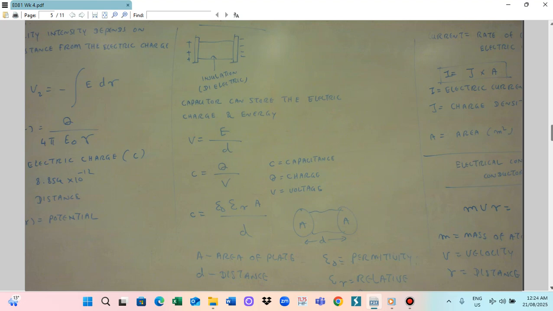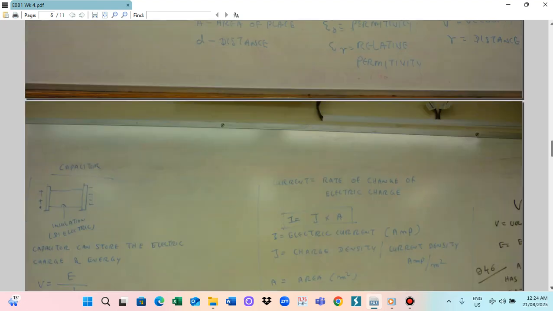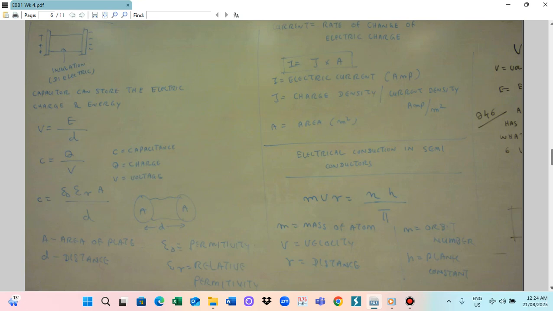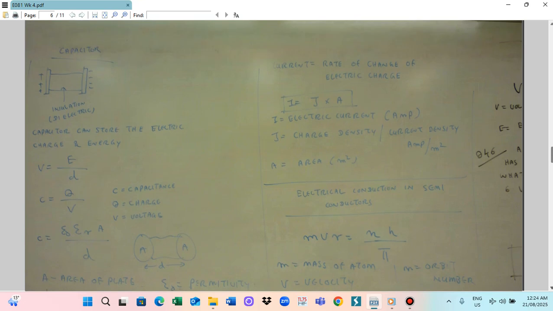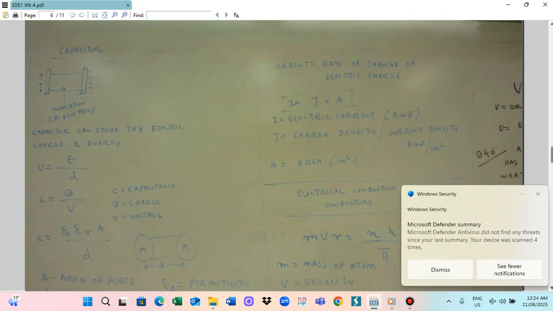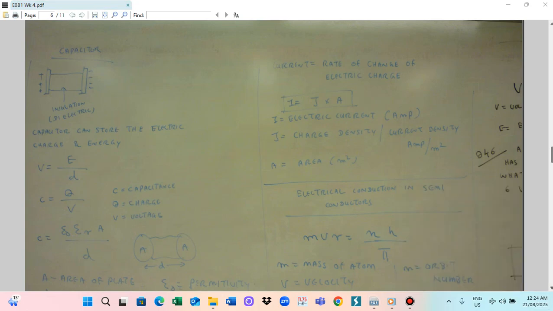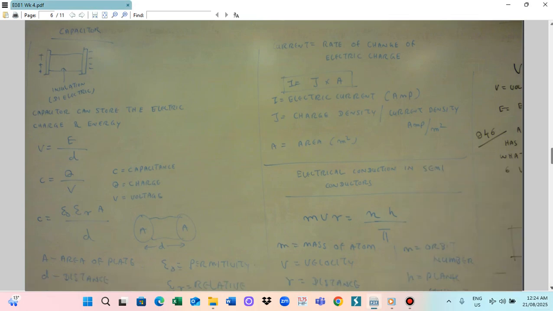The potential difference can be calculated by the formula V1 minus V2 equal to minus the integral of E dR. This means the electric field can be stored by the capacitor, so the capacitor value can be calculated as the charge divided by the voltage.